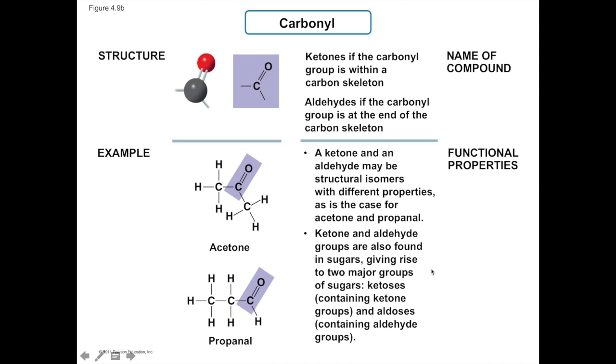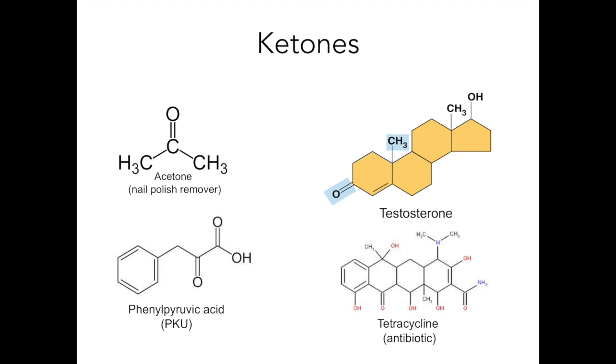And they're also very important in sugars that we're going to talk about in the next portion of this chapter. Examples of ketones include nail polish remover, testosterone, tetracycline, which is an antibiotic, 4 rings, that's why it's tetracycline. Tetra means 4. Phenylpyruvic acid.